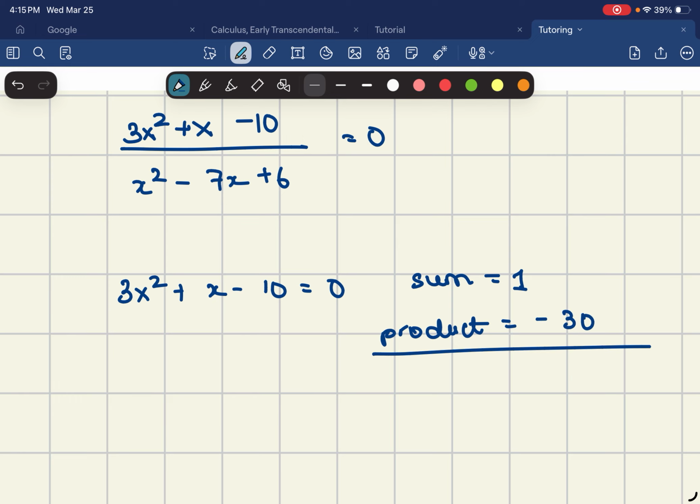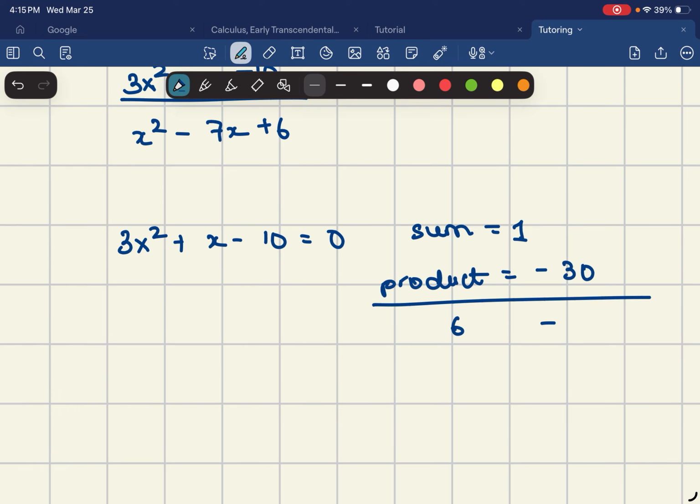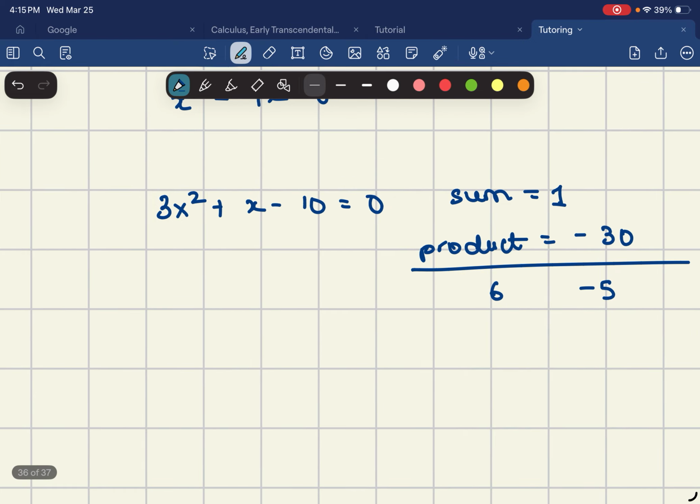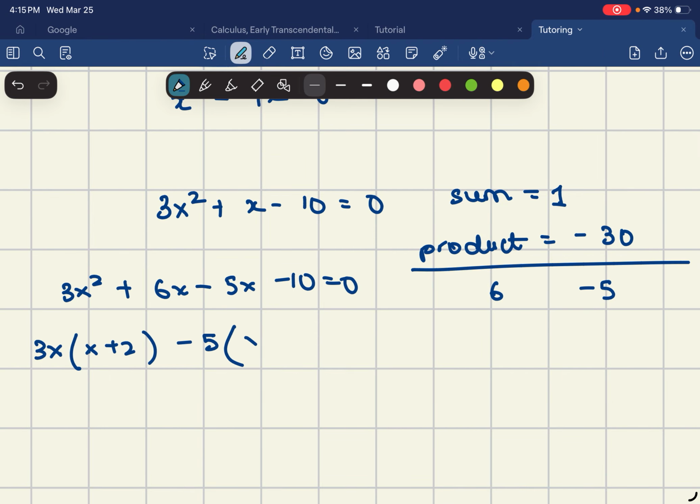And what two numbers might that be? Well, I think that is 6 and negative 5. When I add them together, I get positive 1, and the product is negative 30. So 3x² + 6x − 5x − 10 = 0. I can factor out the 3x from the first two terms, so I get x + 2. And I can factor out the −5 from the second two terms, and I get x + 2 again.